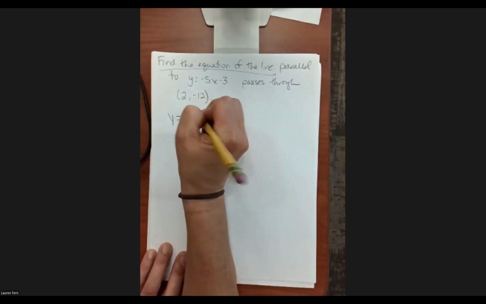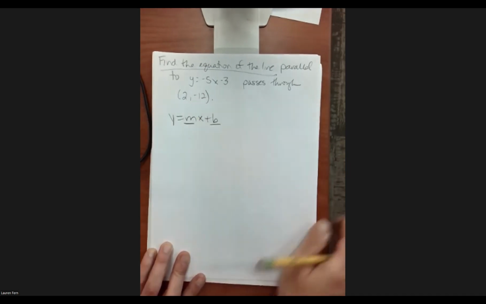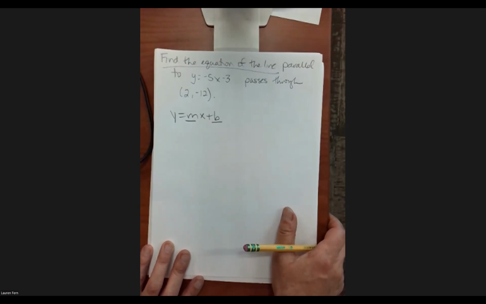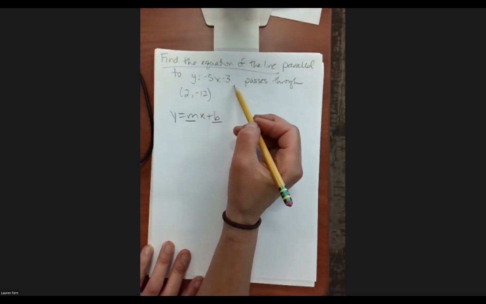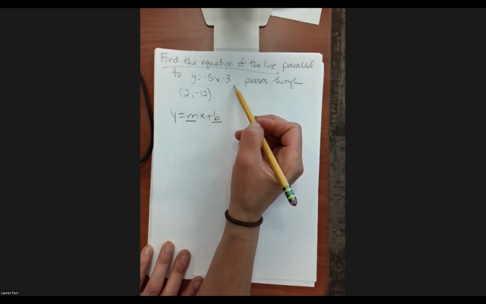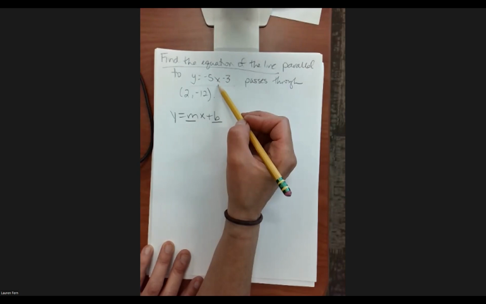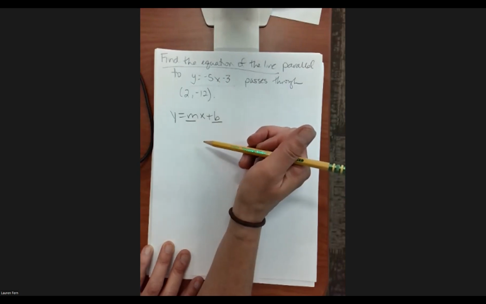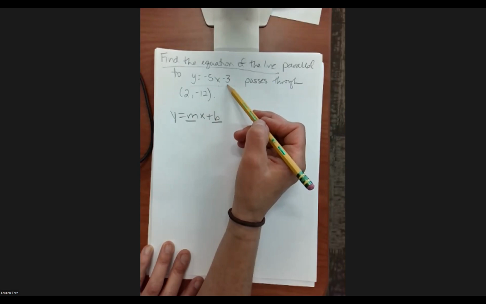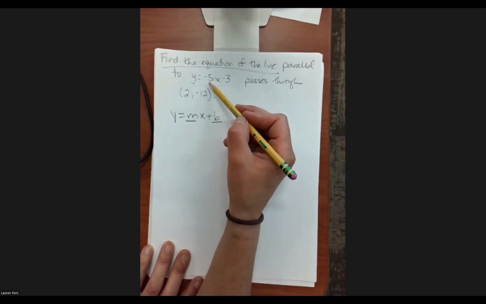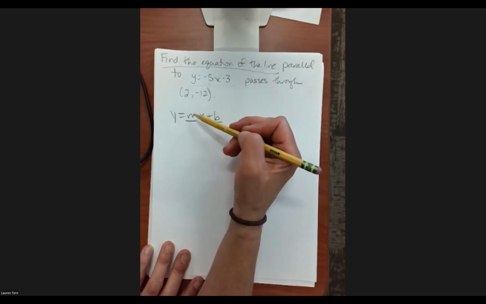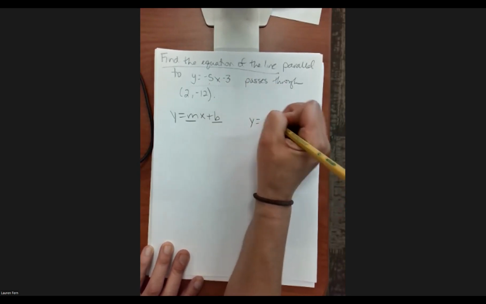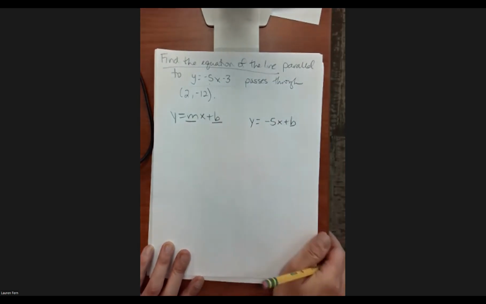First step, say, okay, we need to find m and we need to find b. I claim we're kind of sort of given m, right? We know that the line that we're looking for is parallel to this line. So do you agree if we know the slope of this line, we can then get the slope of the line we're looking for? What is the slope of this line? -5/1. And therefore, since this line is parallel, doesn't it have the same slope? So thus far, I can say we have -5x plus b.